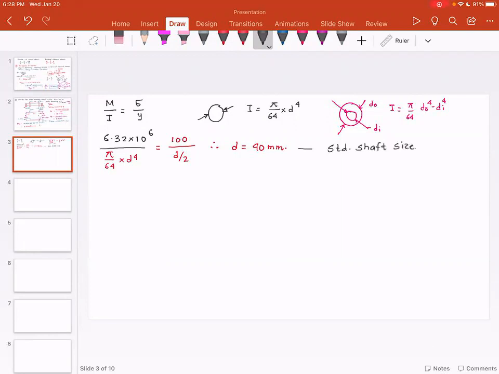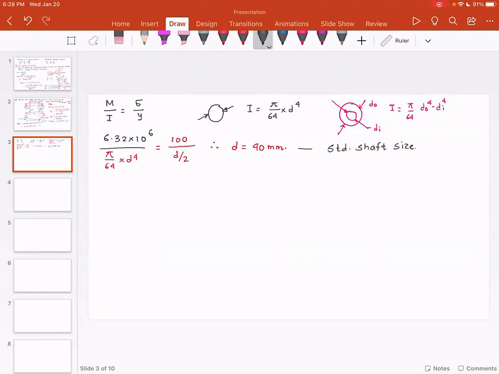And once again, in design, the purpose is that design should be safe. But a word of caution, it should not be overly safe, which means if the diameter of the shaft 90 millimeter is sufficient, you shouldn't use a 200 or 300 millimeter diameter shaft because that would be an overkill.